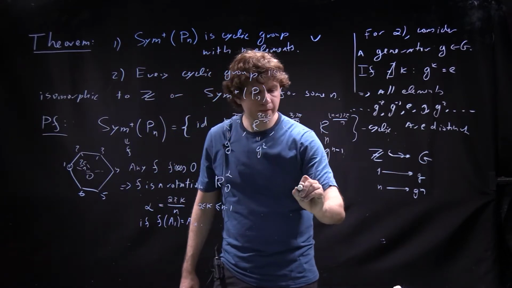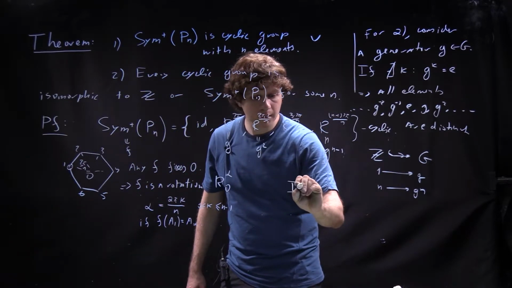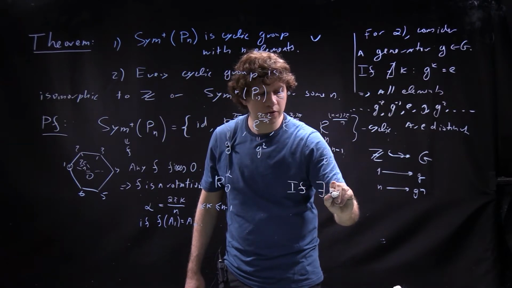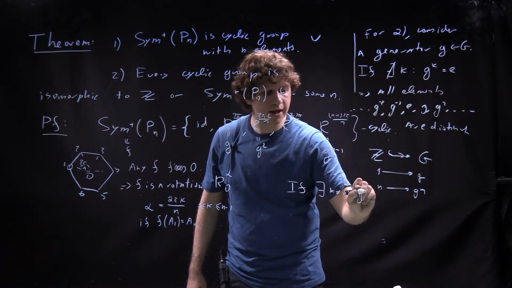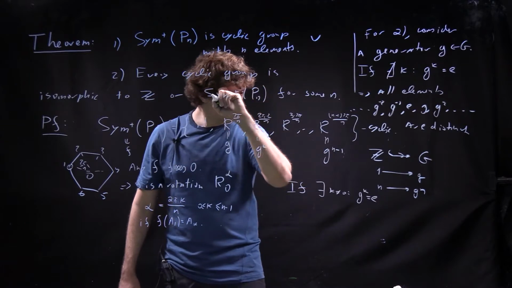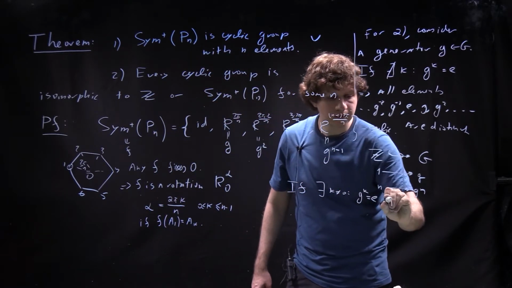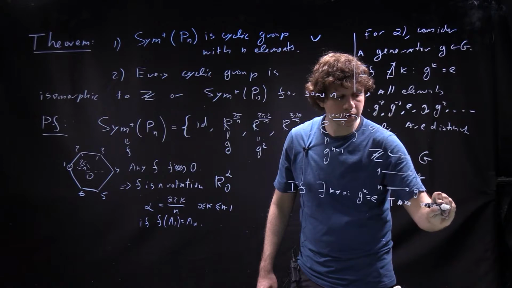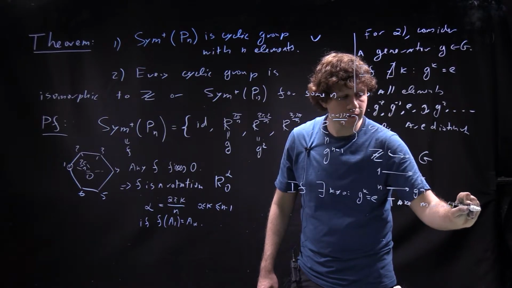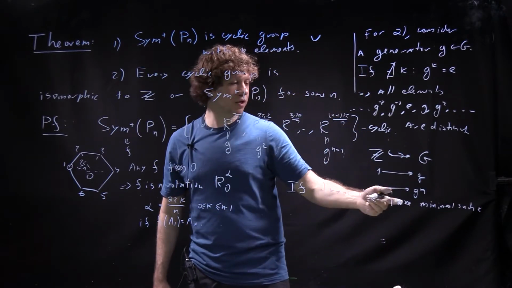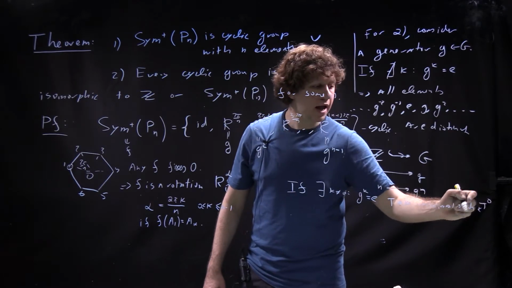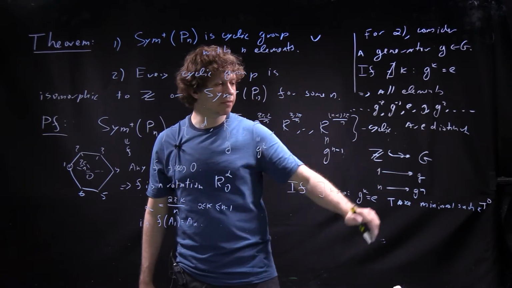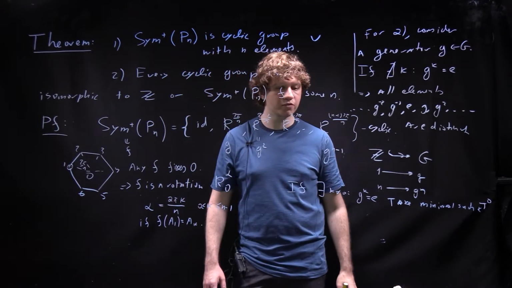And if there exists k not equal to 0 such that g to the k is identity, take the minimal such k bigger than 0, and every subset of positive integers has a minimal element. That's kind of the induction principle.